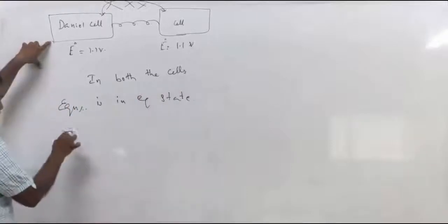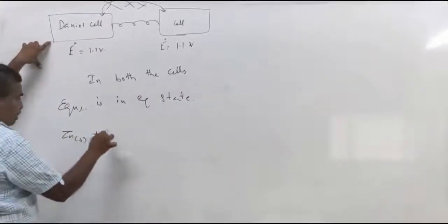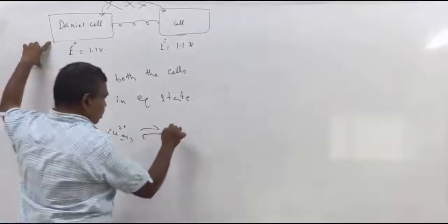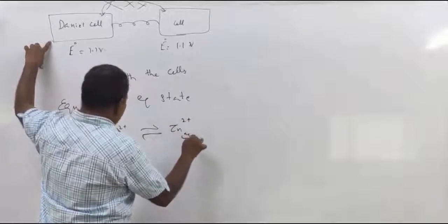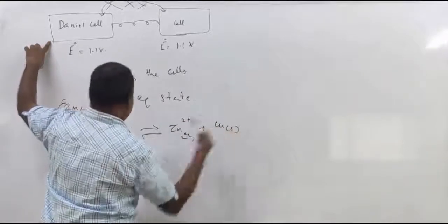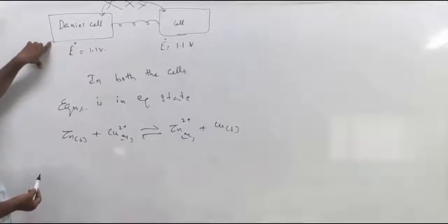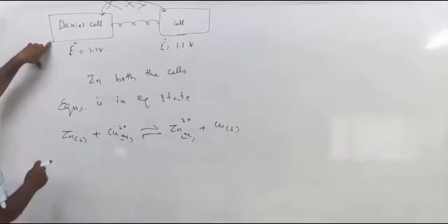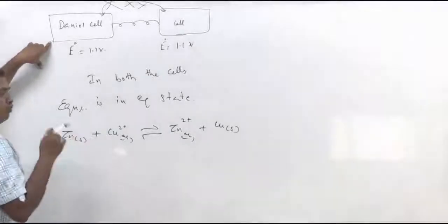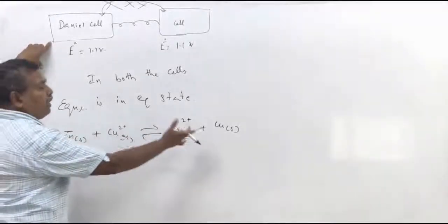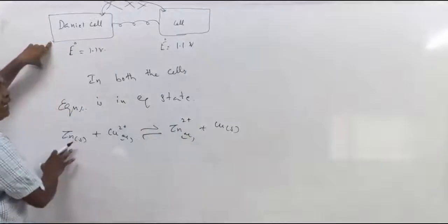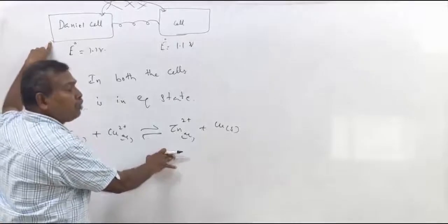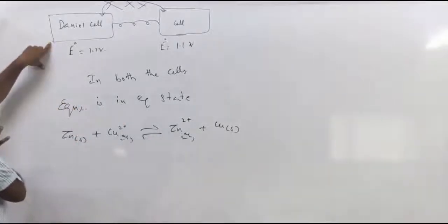Zn solid plus Cu2+ aqueous gives Zn2+ plus Cu solid. At whatever speed Cu2+ ions are reduced to Cu, at the same speed zinc dissolves in the solution and oxidizes to Zn2+ ions.